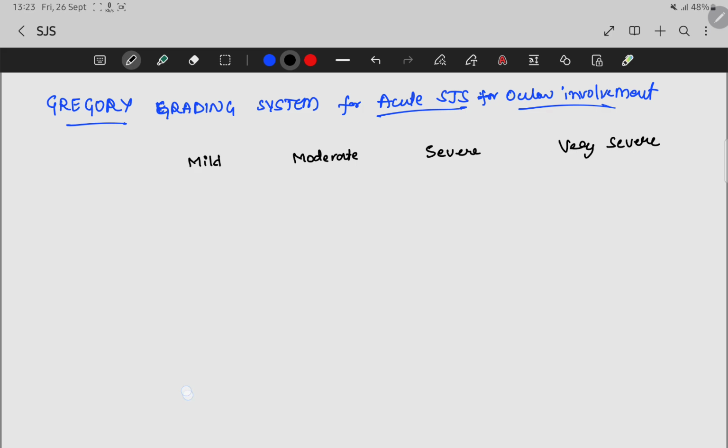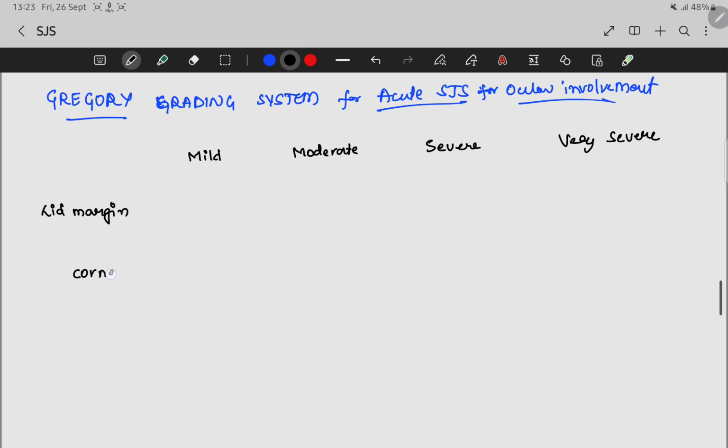This is based on involvement of the lid margin, cornea, and conjunctiva, that is both palpebral and bulbar, and the treatment part. So this is an ocular surface disorder, right? So these three are included in this.